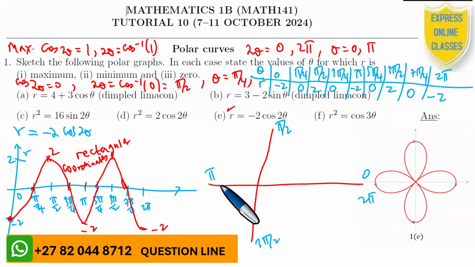At 0, you have -2, so it's going to be here, because it's going to be on the negative side. So this is what you're going to have, but then it comes to 0 at pi over 4 radians. At pi over 2, then it is 2.